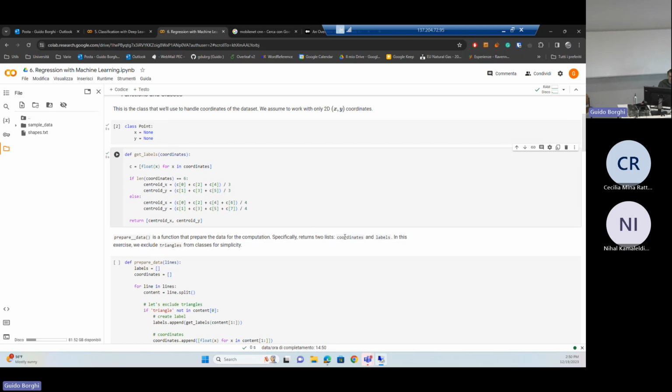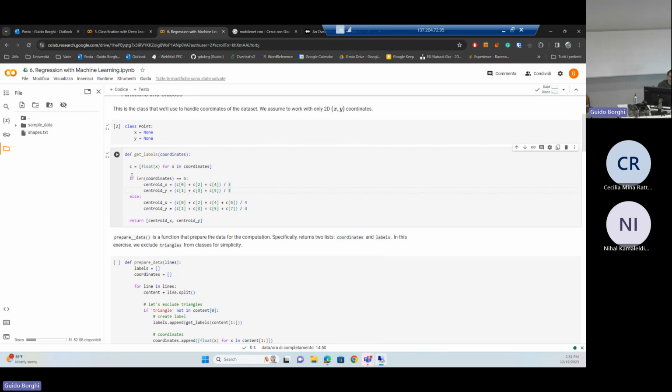If we have 6 coordinates, the centroid is computed using the x and y values divided by 3, which is the formula of the barycenter, the centroid of the triangle.